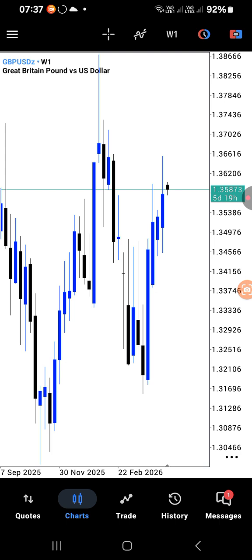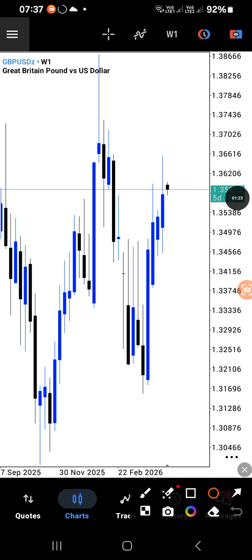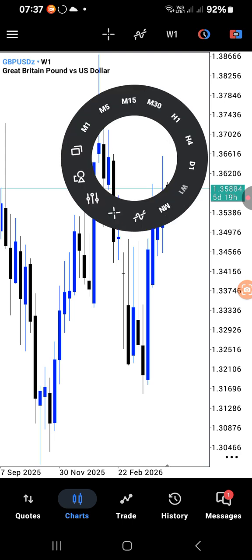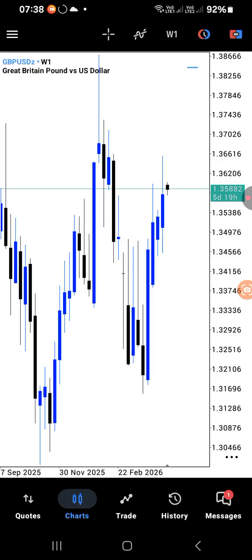Now, as you can see here, above here we have the W1. Let me see if I can mark it out. Yeah, as you can see, this one here is a weekly time frame. Now I want to show you how to navigate here. So what you come and do, you just come press this square thing, then you mark the high and the low of the previous week.